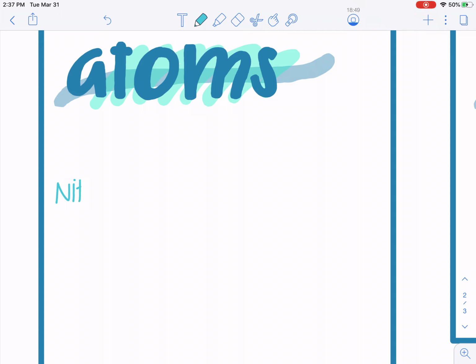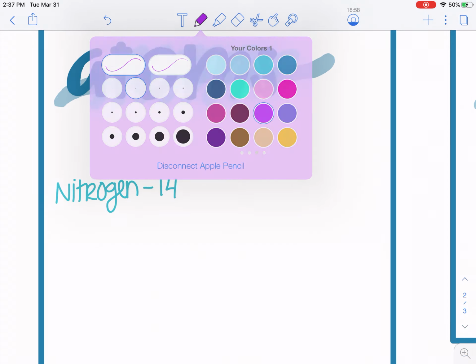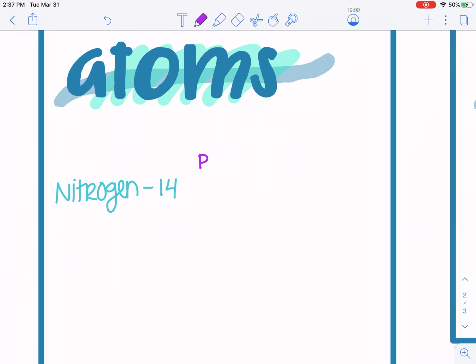So one might be nitrogen 14. And you then are asked for the number of protons, the atomic number, electrons, neutrons, and mass number.